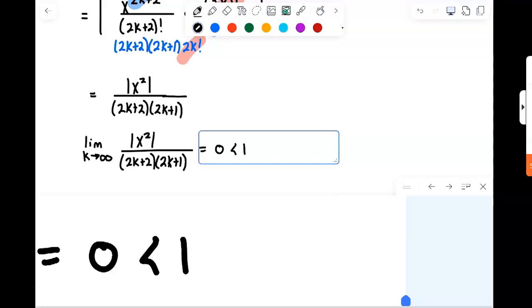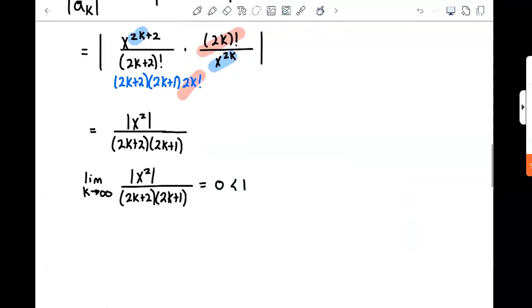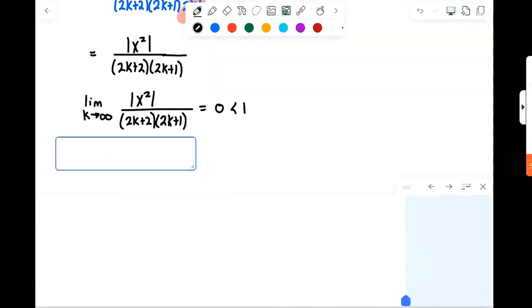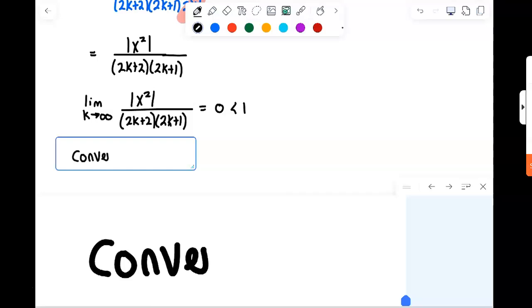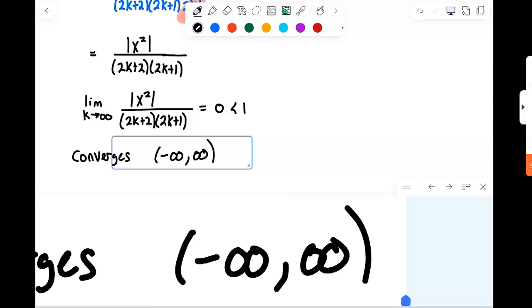And so therefore, this thing converges no matter what x is. So it converges on the whole real line. So for all real numbers, this thing converges everywhere.